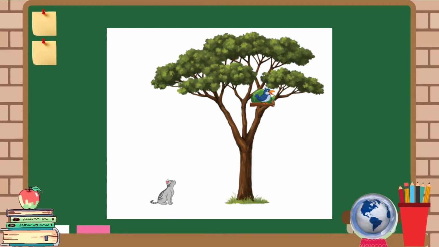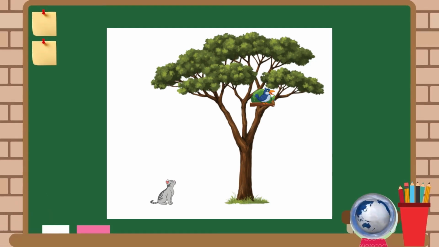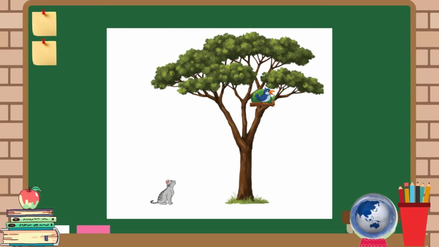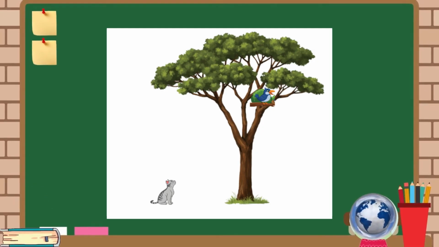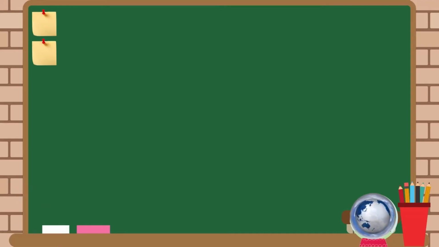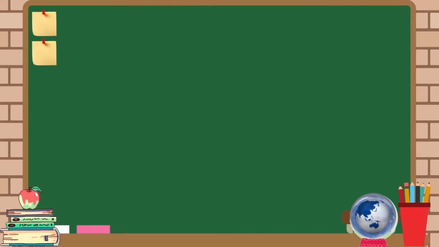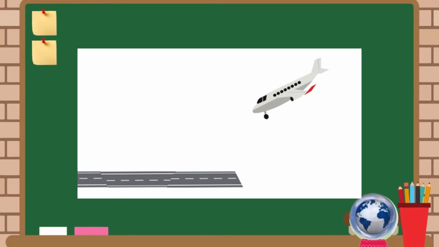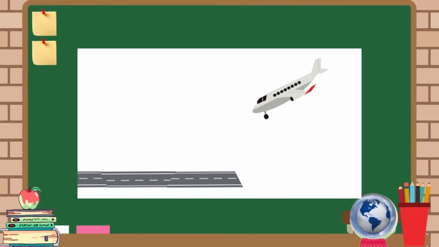Group 3. I see you have a cat looking up at a bird in a tree. I notice you've drawn the angle opening upward. That's right, this is also an angle of elevation because the observer, even if it's a cat, is looking up at a higher object. And Group 4, you have a pilot looking down from a cockpit at a runway.